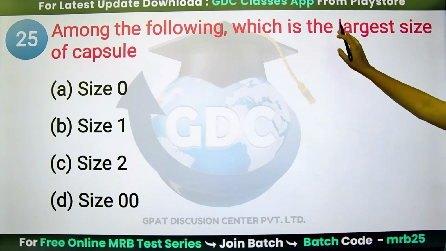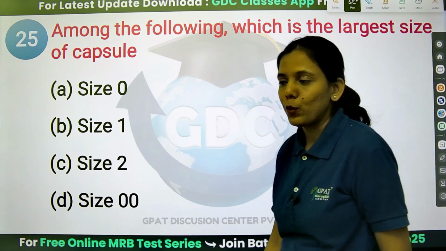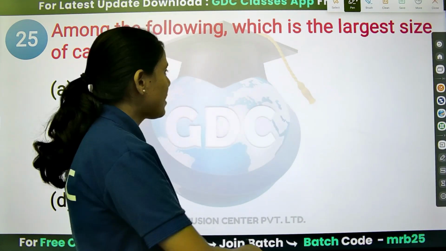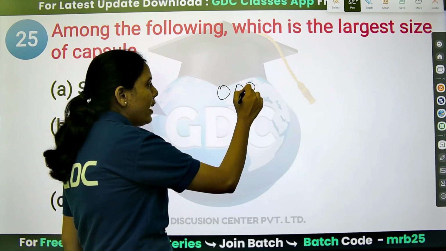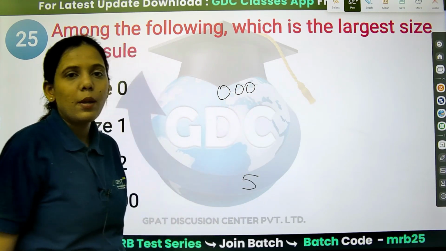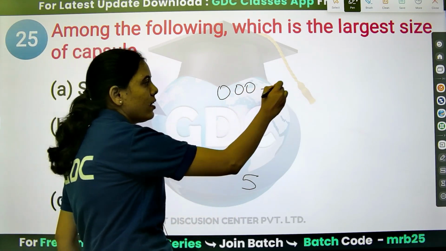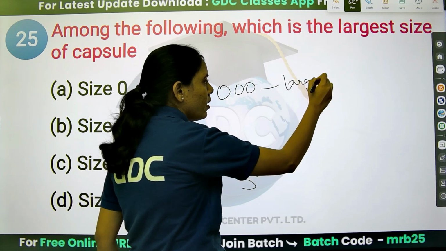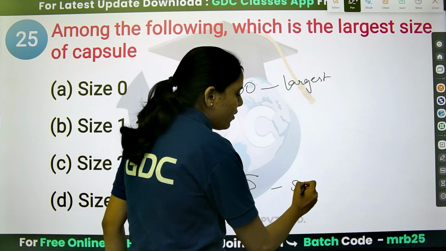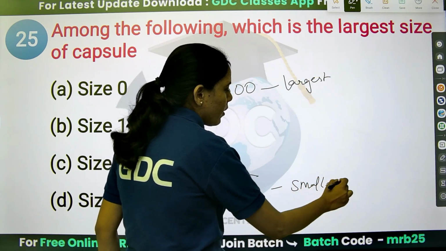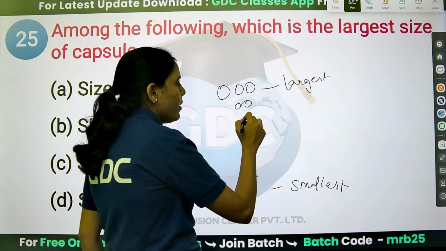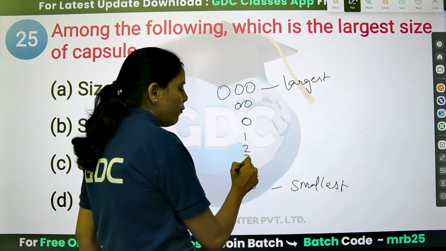Among the following, which is the largest size of the capsule? Now remember, size and the digit are inversely proportional. For example, 000 is the largest and 5 is the smallest: 000, 00, 1, 2, 3, 4 and 5.